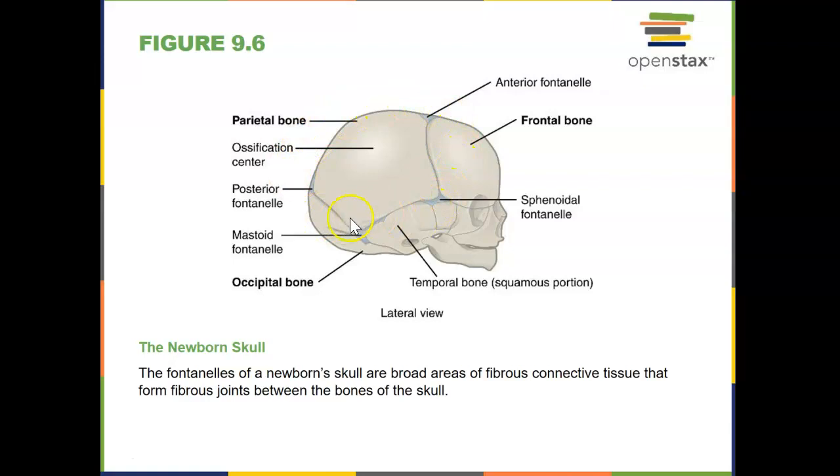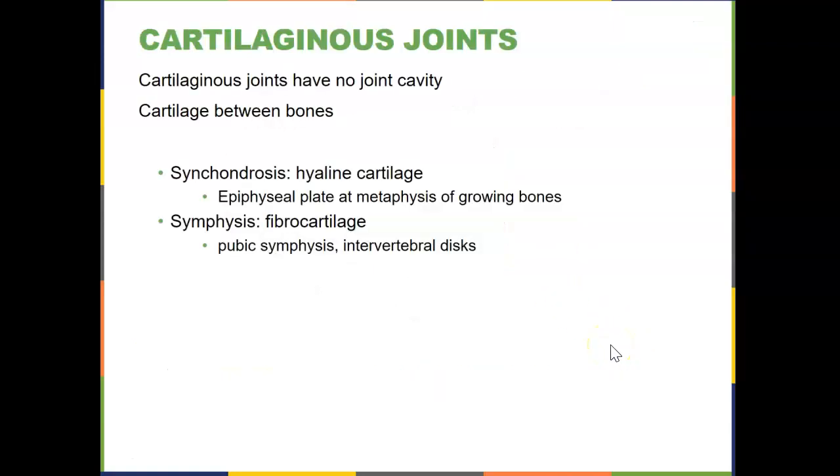These sutures are designed to allow the offspring to escape the mother's birth canal, which means that the frontal bone and the parietal bone and the occipital bone, for example, can all move around a little bit based on the fact that these fontanelles are flexible. This changes as we grow, and the soft spots, or the anterior fontanelle, sphenoidal fontanelle, and so forth, fill in with bone and fibrous connective tissue as we age and grow.